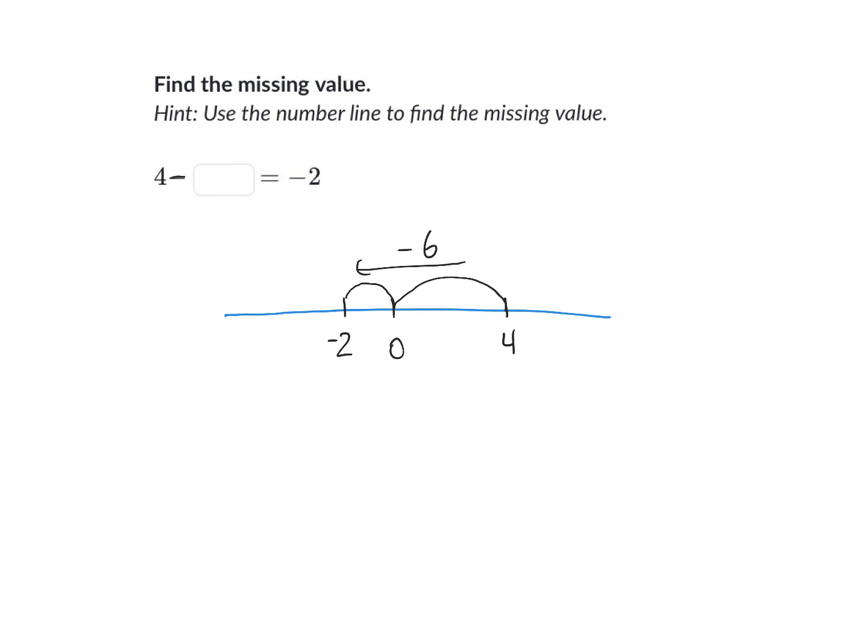But remember, there's a subtraction sign in here. So if I had put 4 minus -6, remember, a negative and a negative are going to turn into a positive. So I'm going to just say 4 minus 6. I'm just going to put a +6 in there since there's already a subtraction sign.